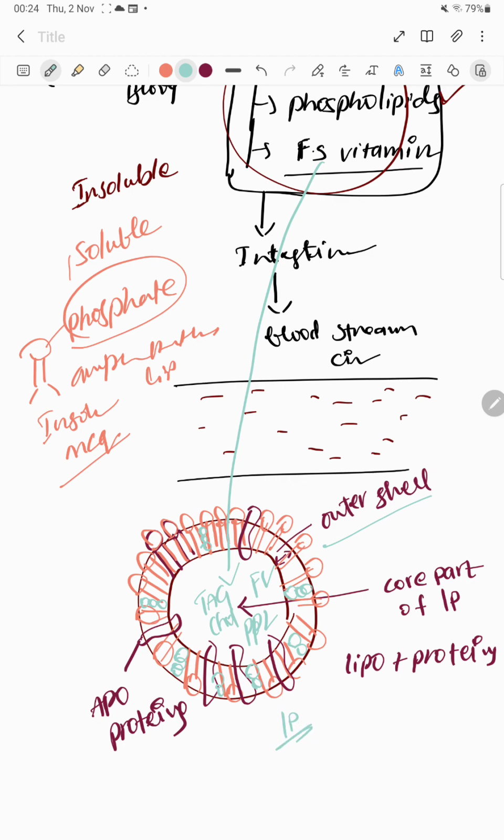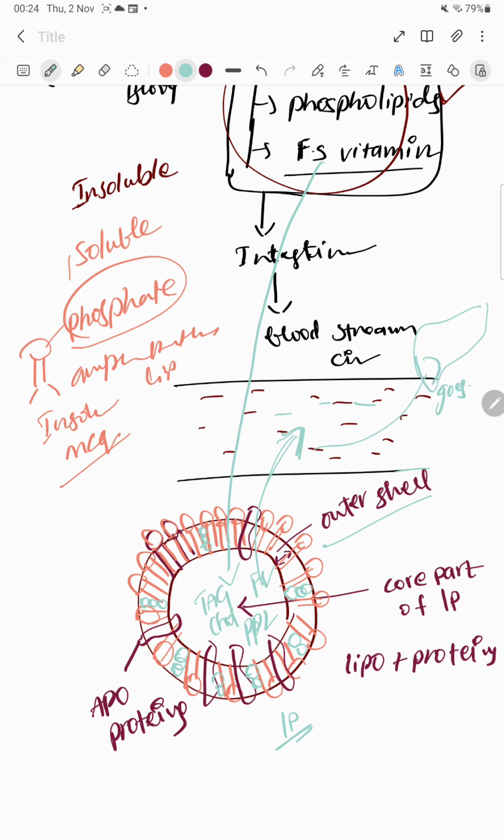Now this lipoprotein can be circulated in the bloodstream, and it goes to the required destination. For example, if it has to go to the liver, it goes to the liver via circulation.